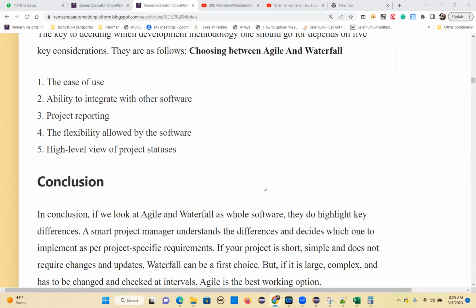So manual and automation you mandatorily have to do. There is no deviation there.